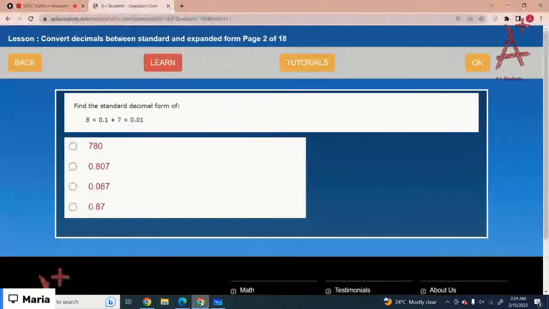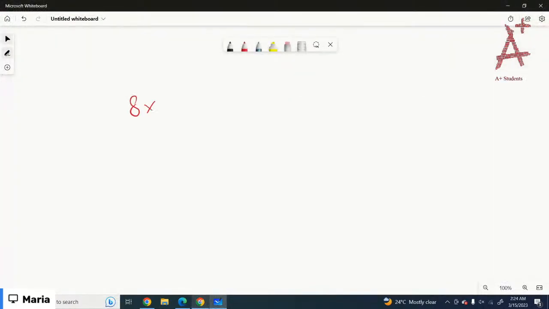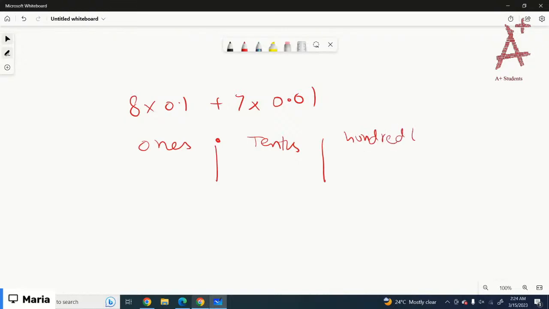The next one is 8 times 0.1 and 7 times 0.01. So just look at the place value chart. Ones, then you have a decimal point. The one after the decimal point is tenths, and the next one is hundredths. Got it? So 0.1 tells you the very first position right after the decimal. So it would be 8 times 0.1.